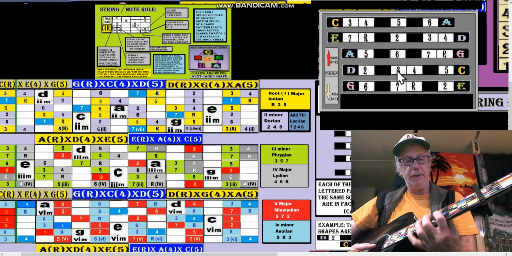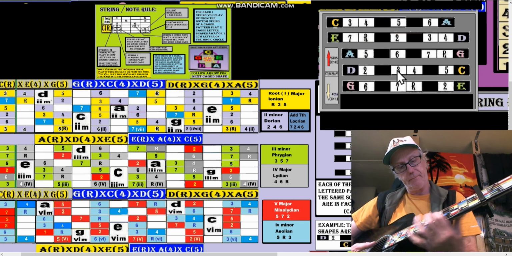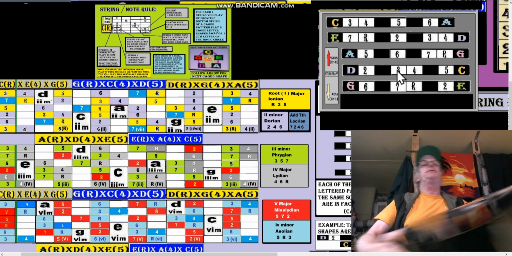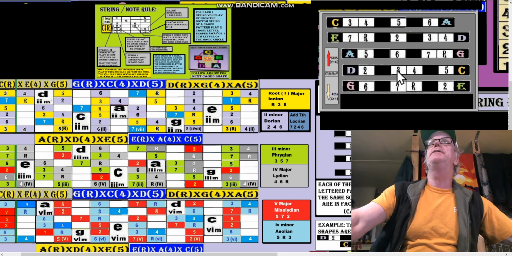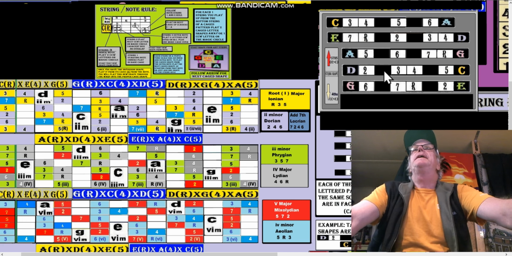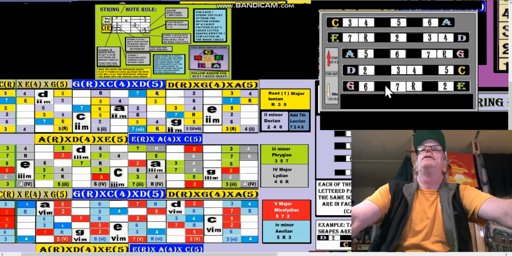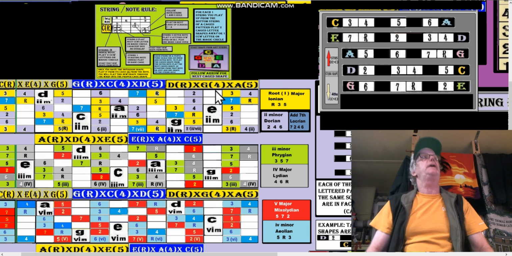Now we know we're in the A shape. So these are the associations we want to begin to make. We want to pay attention to where the notes are, the outer and the inner notes, in these linked CAGED shapes.